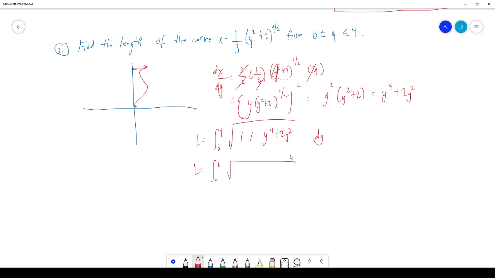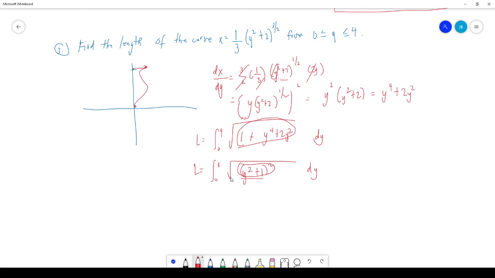If we do y squared plus 1 and then square, using the FOIL method to distribute, then the answer would be this. So what we did here is we factored this one to this one to make it simpler, so it's much easier to integrate.